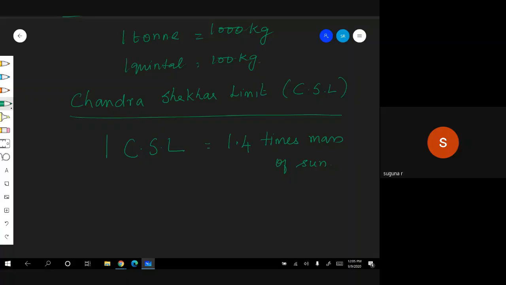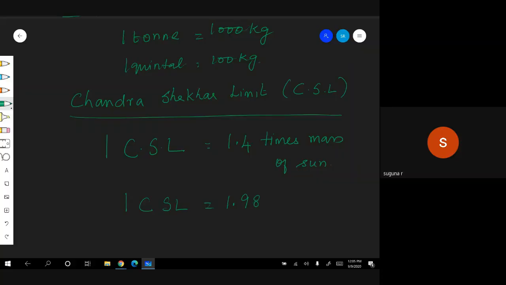1 CSL is equal to 1.4 mass of sun. What is the mass of sun? Whether you have an idea? Approximately it is 10 power 30.